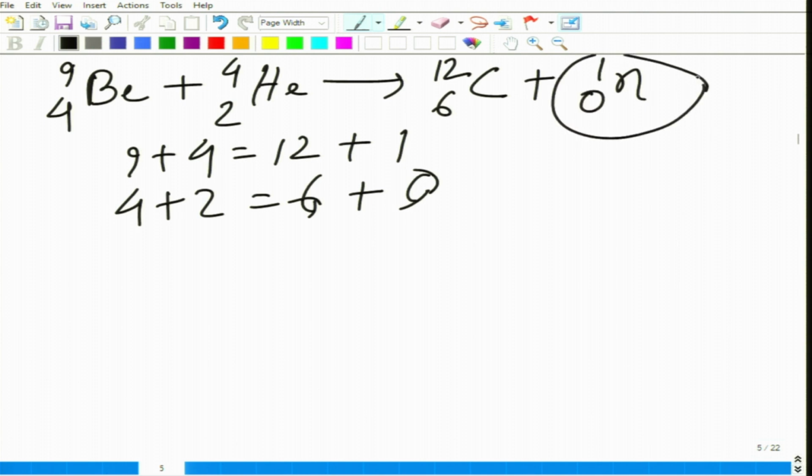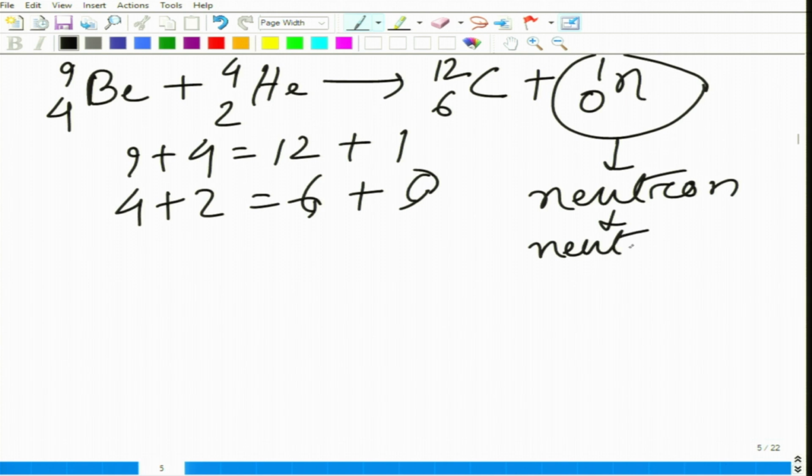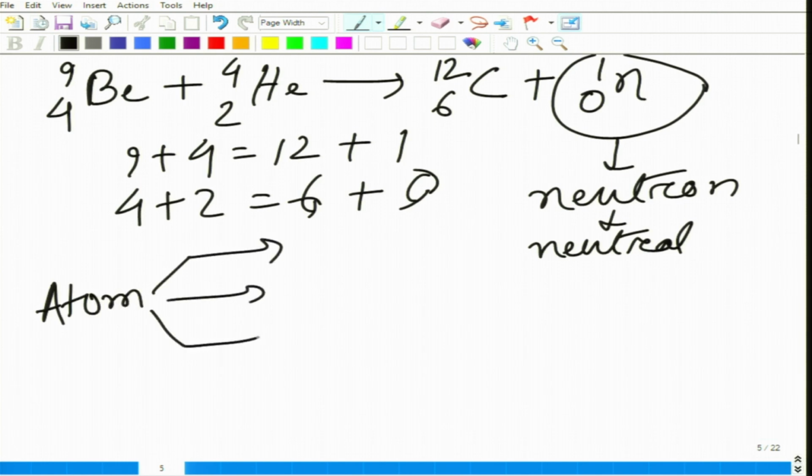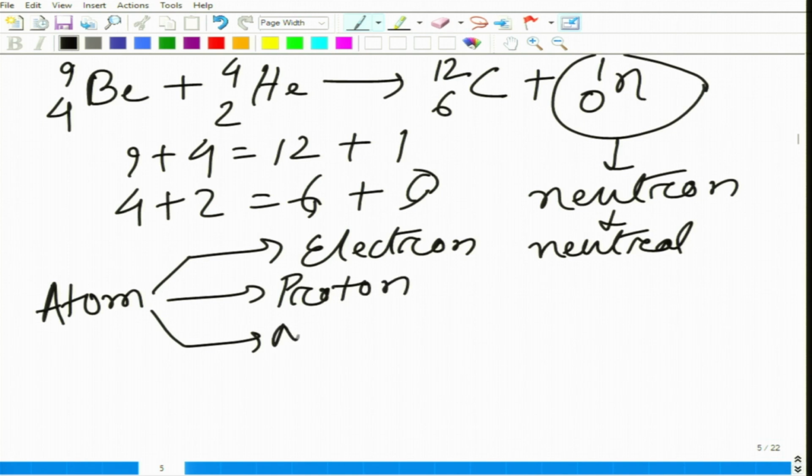So, this was the neutron with mass 1 and charge 0. Neutrons were neutral particles. So, now we have 3 subatomic particles: electron, proton and neutron.